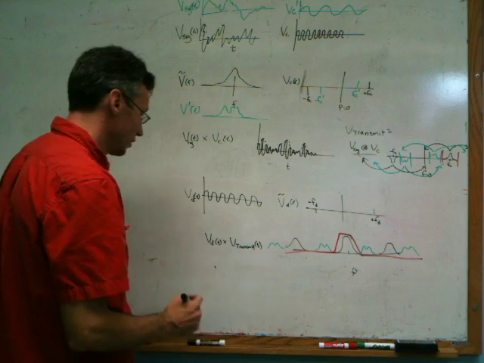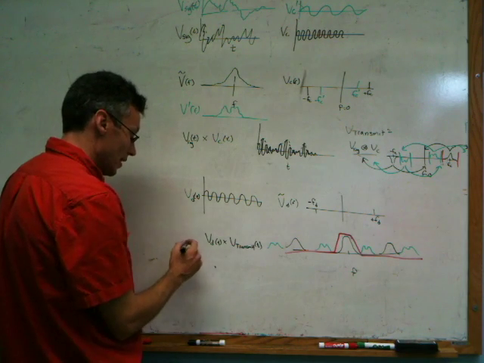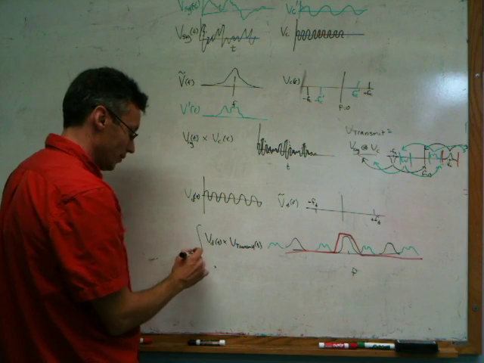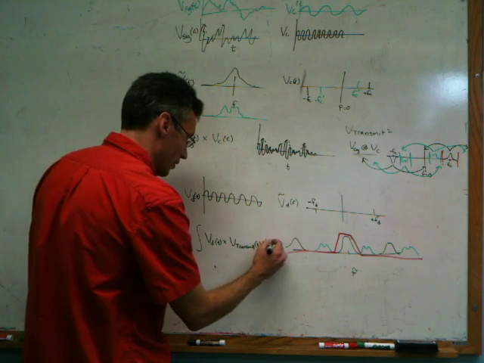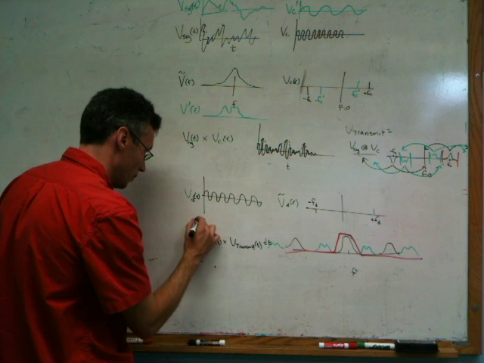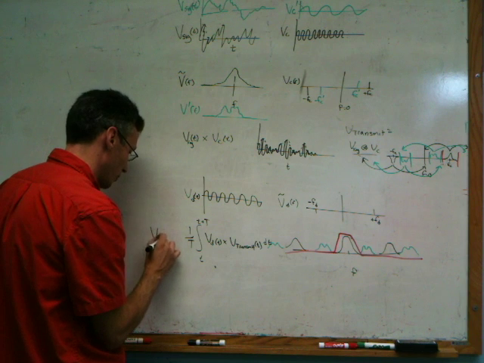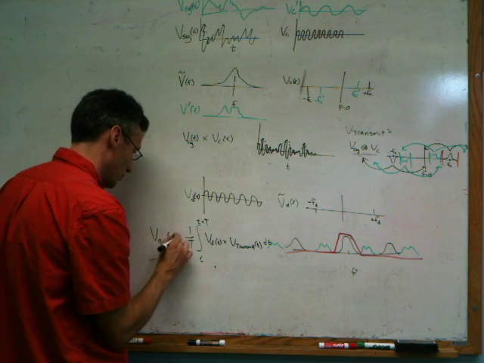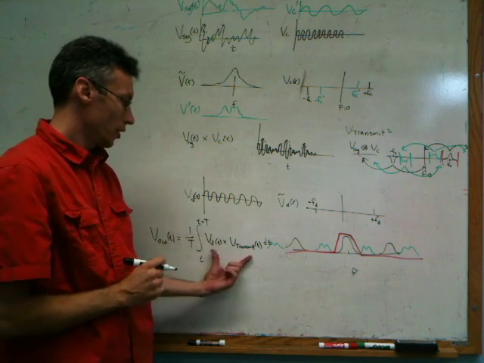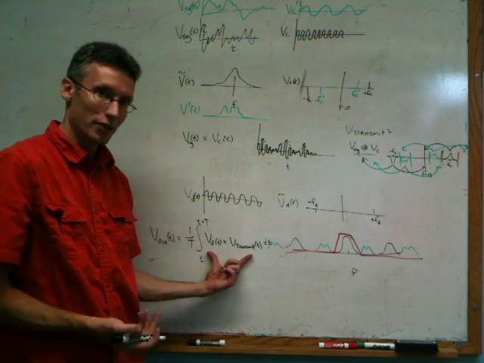Okay, so a low-pass filter is equivalent to averaging. So let's now average this in time, and we'll call this our output signal. So it's just our demodulated signal, low-pass filtered.